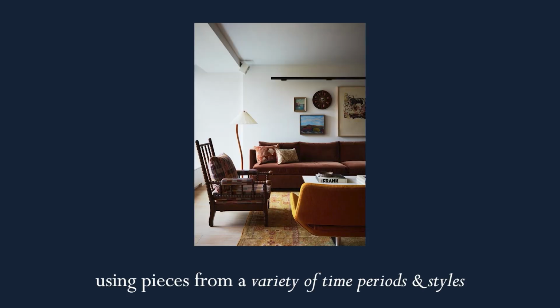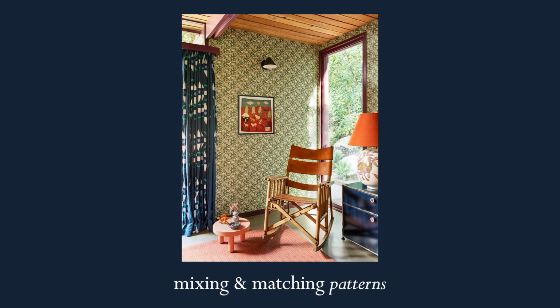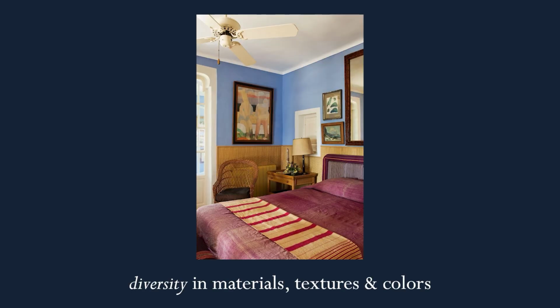I think when you understand what the characteristics of an eclectic design are, it'll help you curate your space a little more easily. So for me, the main characteristics of eclectic design are using furniture, artwork, and decor from different time periods and different styles. Mixing and matching of patterns. Using a diverse range of materials, textures, and colors, and we'll get into these later.